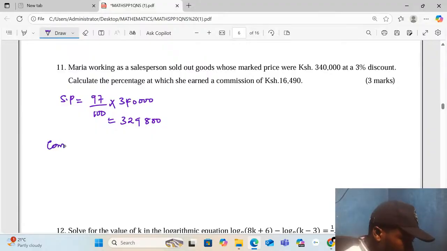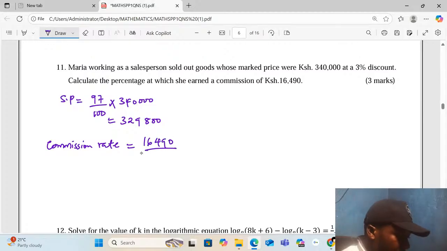Now we have to look for the commission rate. The commission rate is given by, now you take what he earned as commission, which is 16,490, divided by the selling price, which was 329,800, times 100%.